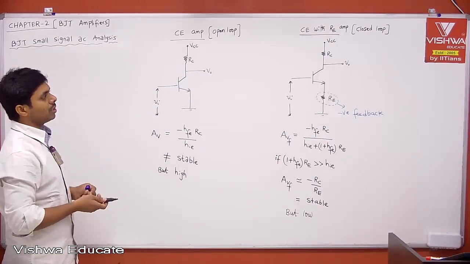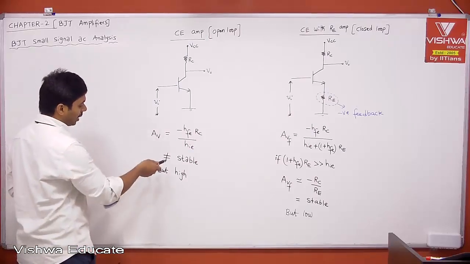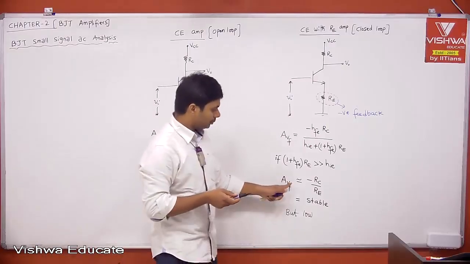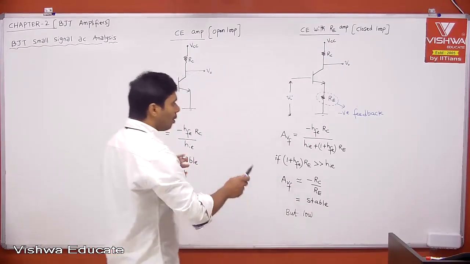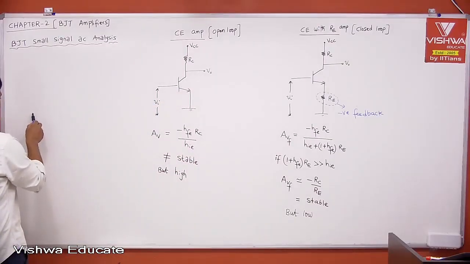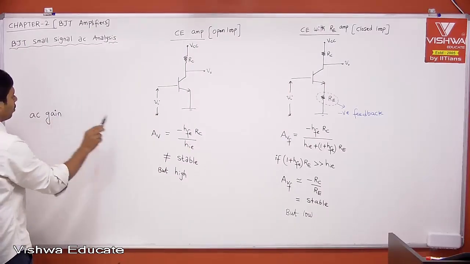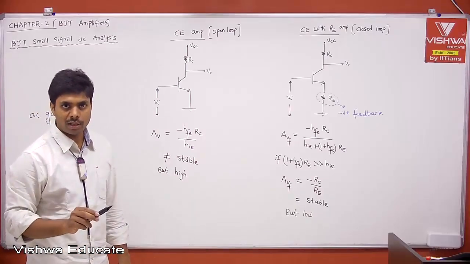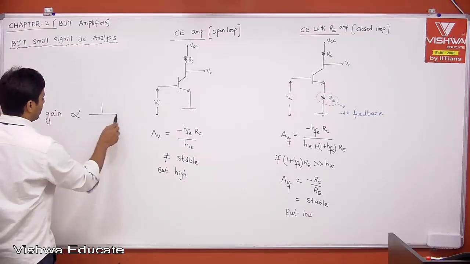Overall, the observation is: if you want gain, lose stability, and if you want stability, lose gain. Your AC gain, and when I say gain, by default it is voltage gain if I don't specify anything, is inversely proportional to stability.